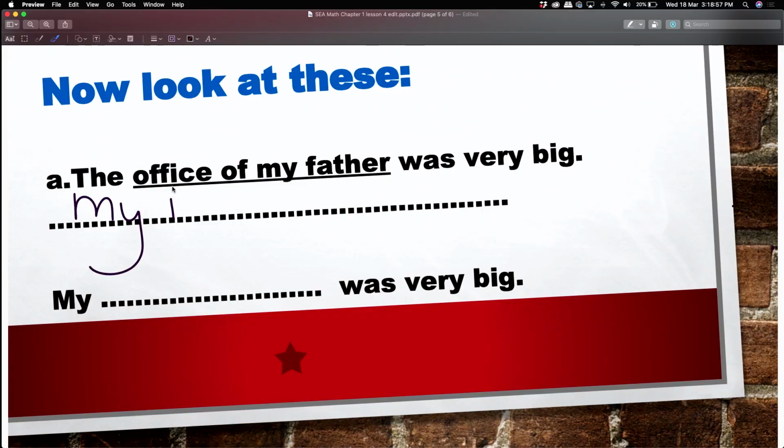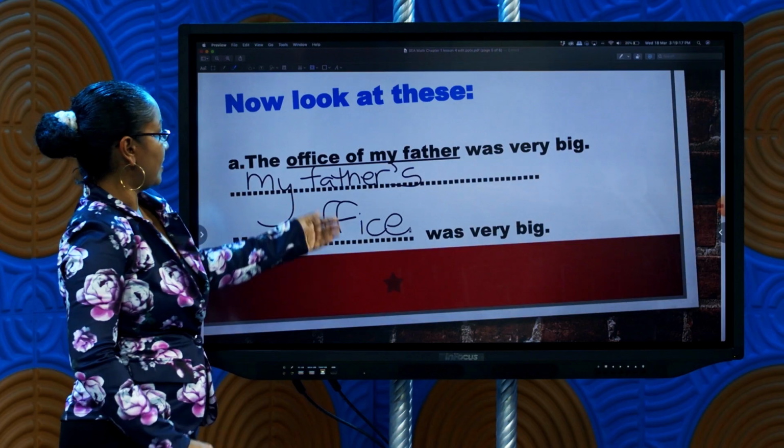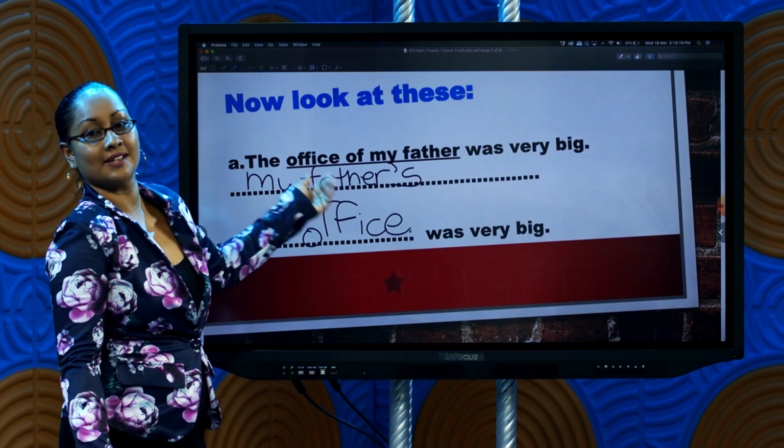My father, but we can't say my father office. We have to put our apostrophe S, office. Then we have made this into a possessive noun.